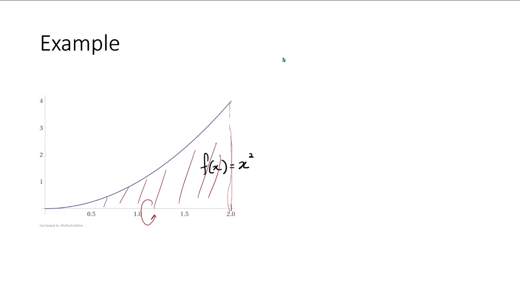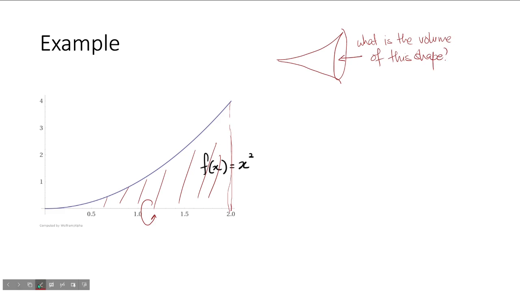You're going to get something like the shape of a trumpet, something like this, I think. So what is the volume of this shape? Let me use a different color. Red, dark red, it's not too nice.